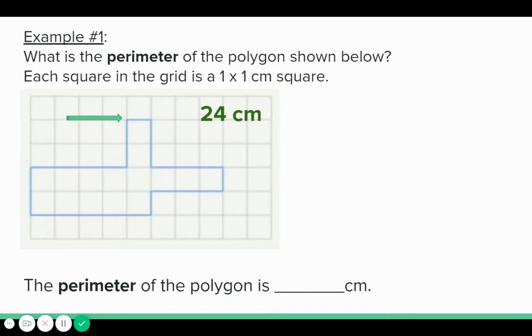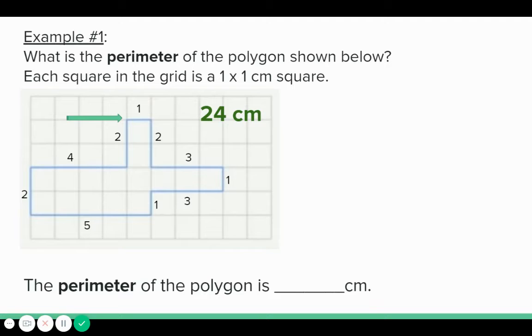Now, I can also determine the perimeter by labeling. In this case, I have the squares, but if I didn't have the squares, I can label, or sometimes they're labeled already for us. So I label the sides: 1 centimeter, 2 centimeters, 3, 1, 3 again, 1, 5, 2, 4, and 2.